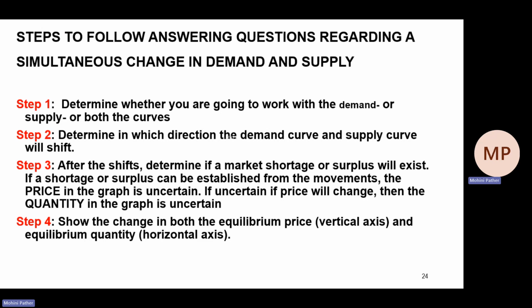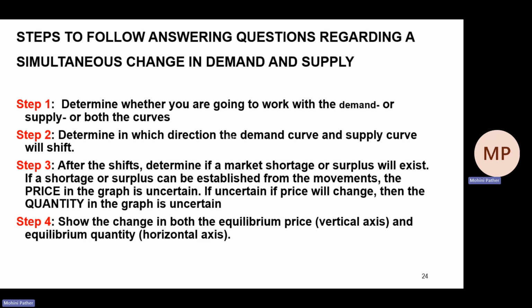For example, if the demand shift exceeds the supply shift, you could generally have some sort of market shortage. We want more than they're willing to supply us. Or if they supply more than we're willing to demand, then there's a surplus. Those movements in the graph can cause uncertainty in the price.